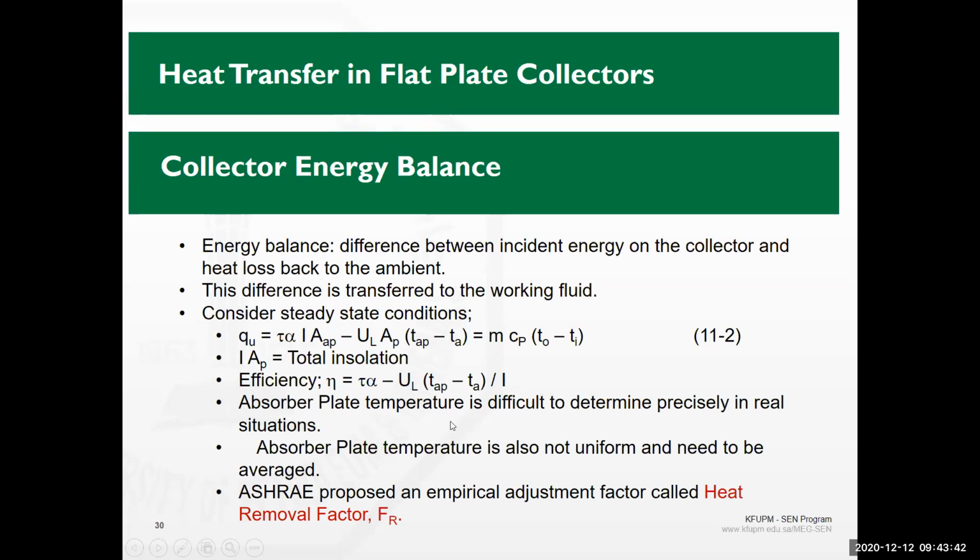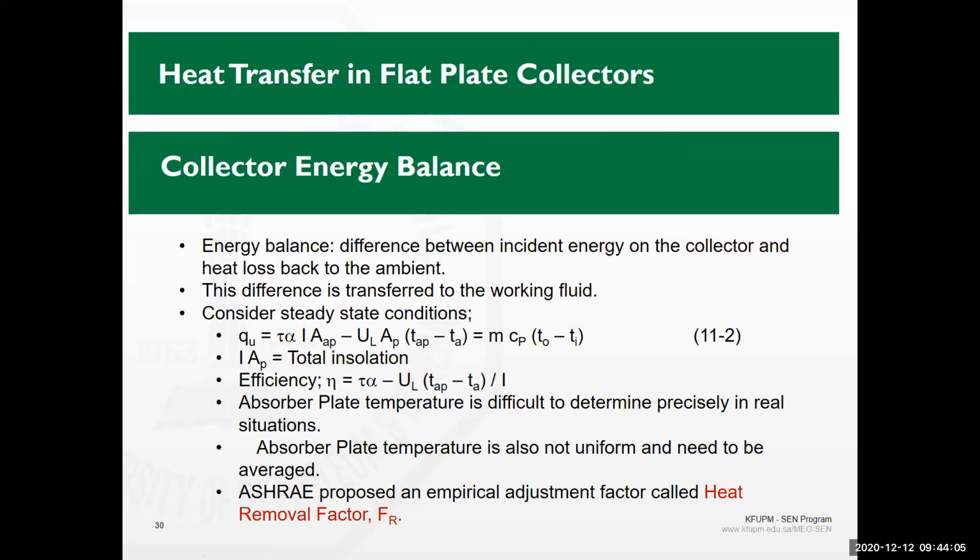The absorber plate temperature, however, is difficult to determine. Normally, the plate temperature is not necessarily homogeneous. We try to make it homogeneous or uniform by using aluminum, for example, as a material, because aluminum has high thermal conductivity, and the higher the thermal conductivity, the smaller the temperature difference between the locations.